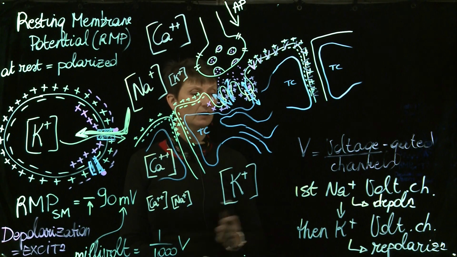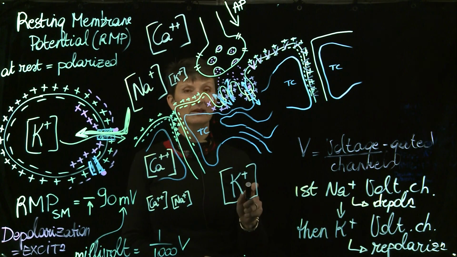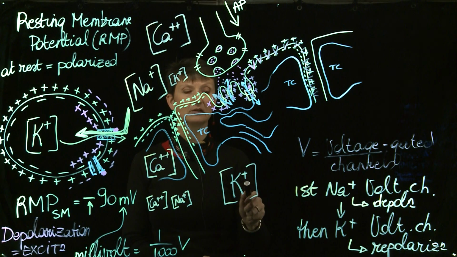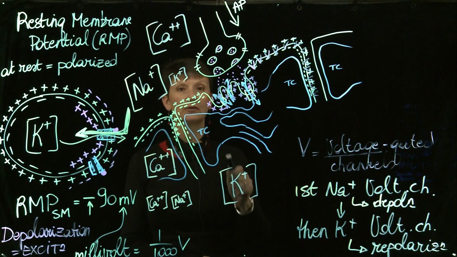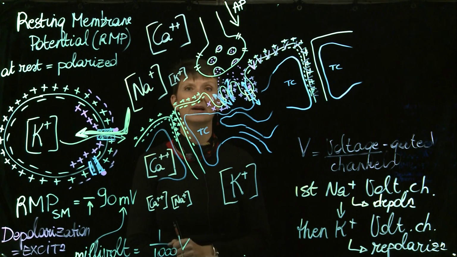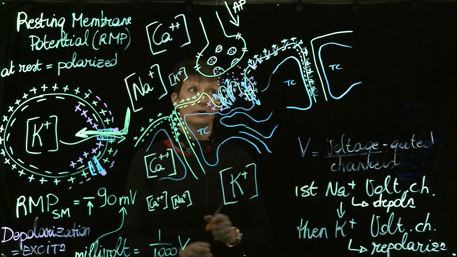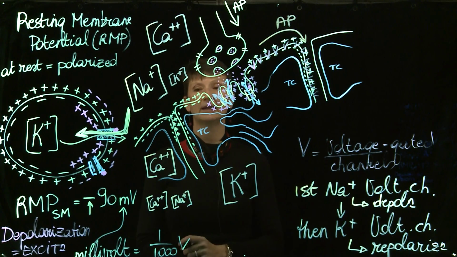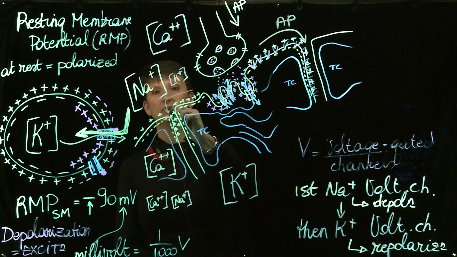Well, that is because potassium is higher in concentration on the inside compared to the outside. So when we open channels for potassium, potassium will rush out and take with it all of those positive charges. So this is then where we see our action potential very rapidly spreading down into our T-tubules.